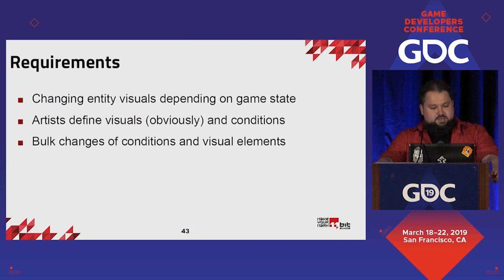So they needed to define what visual parts would change and the conditions when they would change, and they wanted to apply them to every single building in the city.